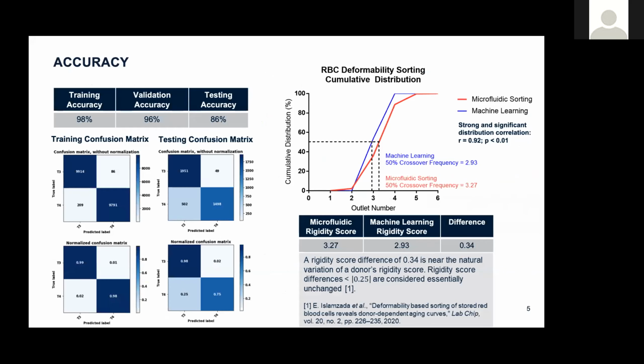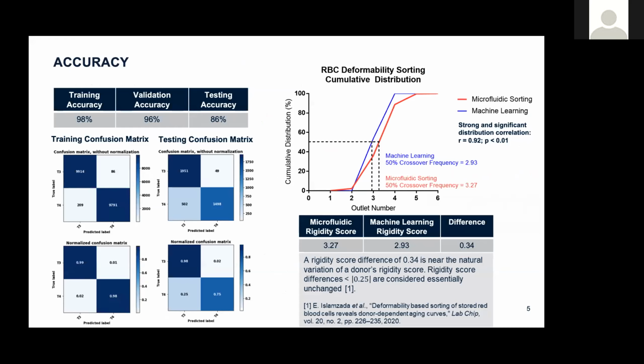The model here obtained 98% training, 96% validation, and 86% testing accuracies. In the confusion matrix on the left of the page, the accuracy of outlet 3 classification was 98%, which was far better than outlet 4 at 75%.